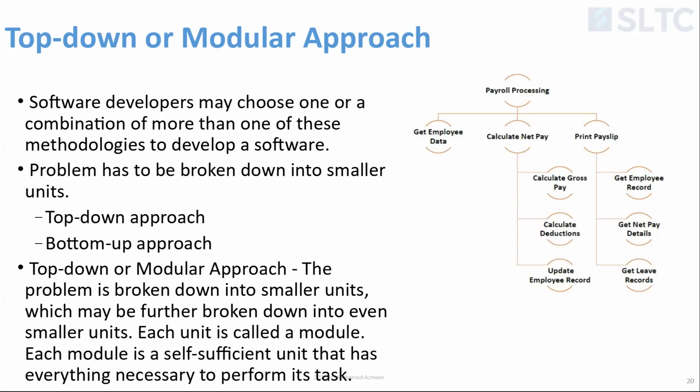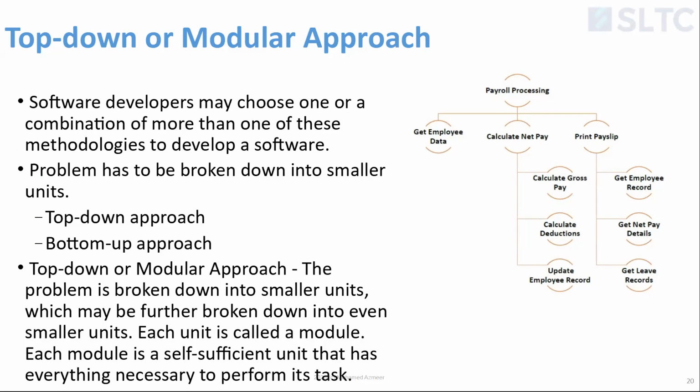So we need a payroll application, which can be broken down into three different areas: employee data, calculate net pay, and print payslip. These are the three modules I can think of. The big one is payroll processing, and it is broken down into three simpler modules.